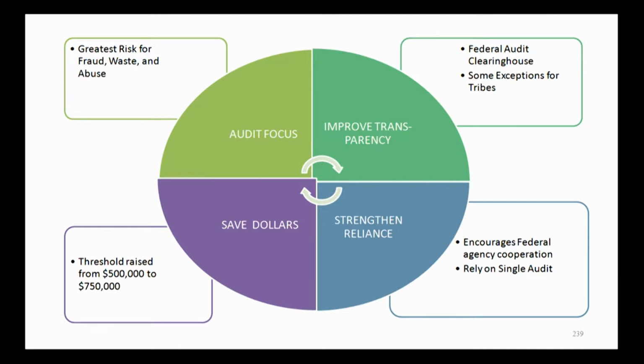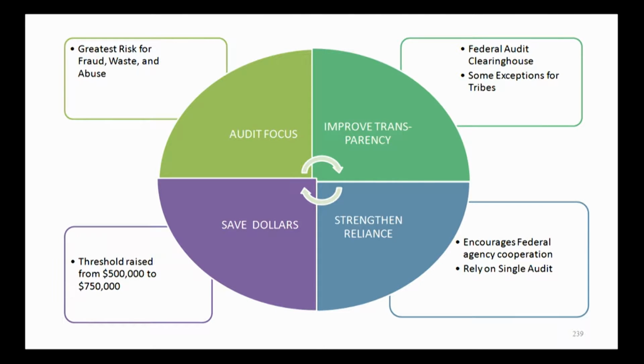The focus of the changes or the new language is really to reduce risk, fraud, waste, and abuse. So the emphasis that got changed or added is about a greater focus on how we reduce the risk, fraud, waste, and abuse of our federal funds.